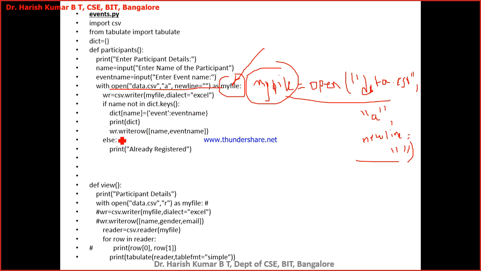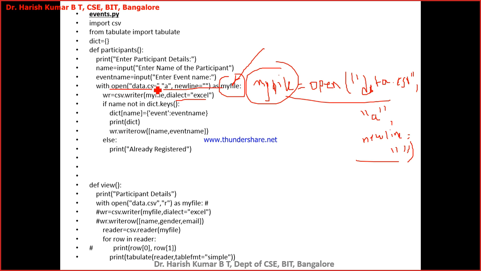Next, using this object wr, wr.writerow(name, event). The name of the participant and event name get stored into data.csv, and whenever I open data.csv, it launches in the form of an Excel file.